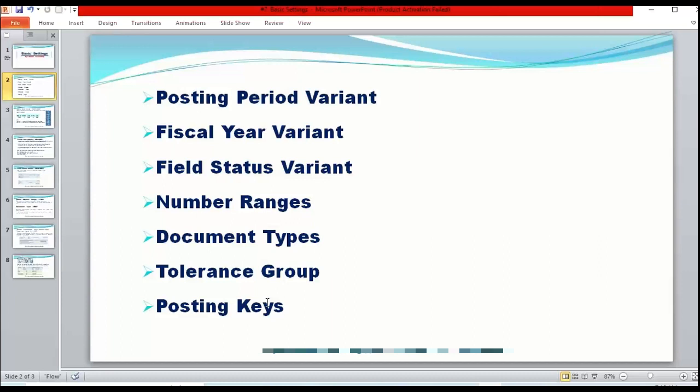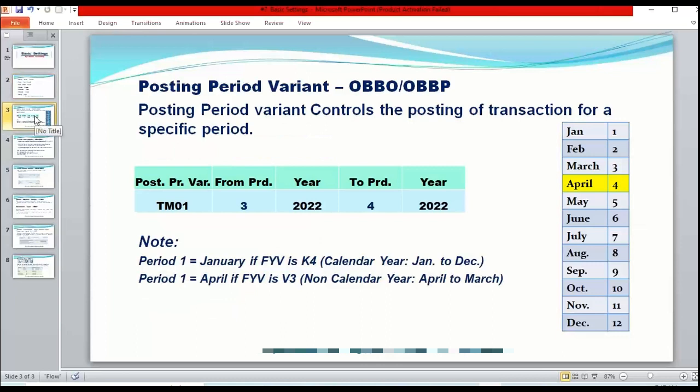Things are very simple. I'll explain theoretically and practically both. First of all, we'll discuss posting period variant. What is this posting period variant? Just look here.